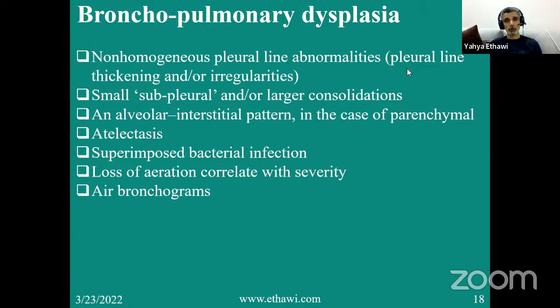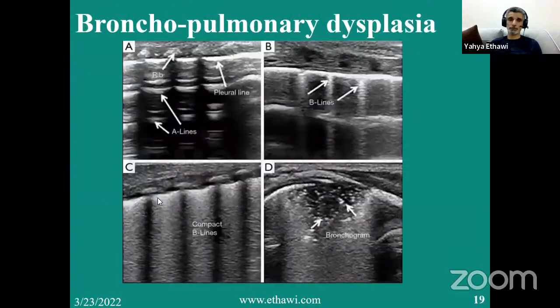So you'll also see pleural line thickening and irregularity. You'll see small subpleural and large consolidation. You may see an alveolar interstitial pattern when the parenchyma is involved. You can see atelectasis. You might see bacterial infection, and you might see loss of aeration, and you might see air bronchogram.